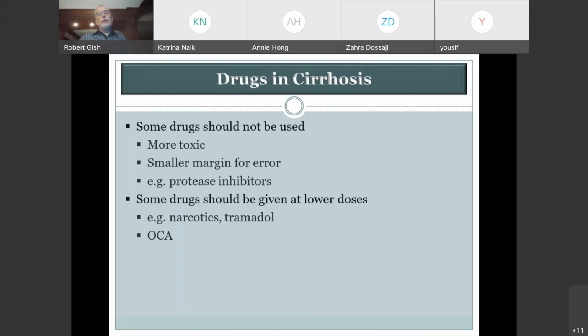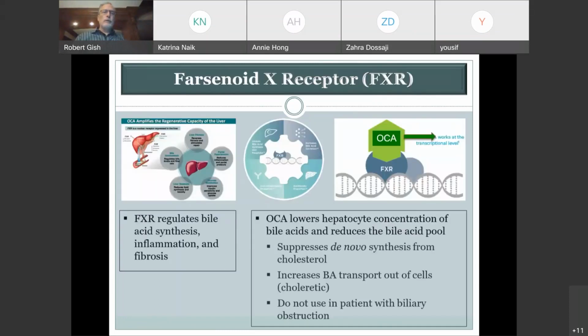Obeticholic acid is used for primary biliary cirrhosis. Now there's a black box warning not to give OCA if people have portal hypertension, current or a history of liver failure, because OCA is directly hepatotoxic at higher dose. This is OCA, a farnesoid X receptor agonist that's used for PBC.